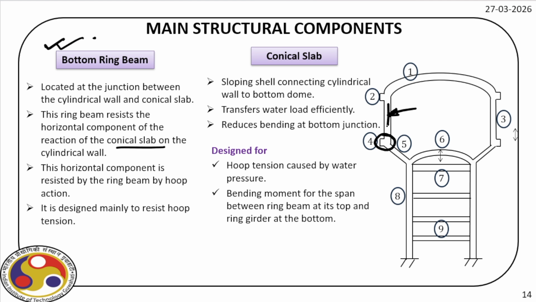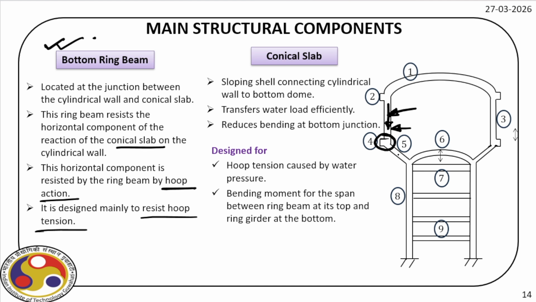So we have the net force coming from here, and also we have the lateral forces. All these forces are actually resisted by this ring beam. Obviously the horizontal component is resisted by the hoop action and designed mostly to resist the hoop tension, because that's the main purpose of this beam. It provides sufficient strength against this hoop tension.